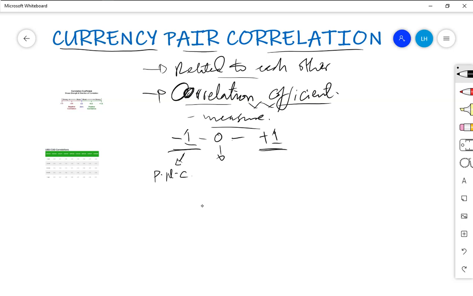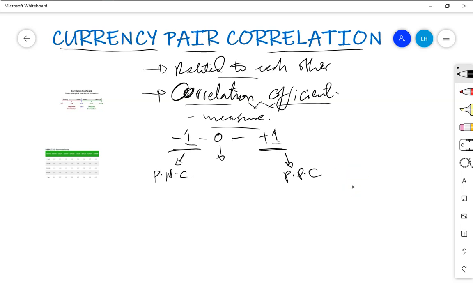But if you have a correlation coefficient of +1, this means those two currency pairs have a perfect positive correlation.